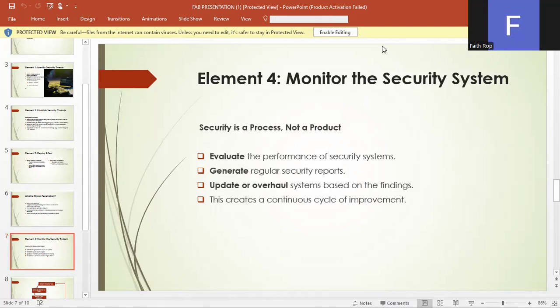I want to group you so that you go and discuss these processes, that is the four processes of monitoring these security threats. Then when you're done, you come back.